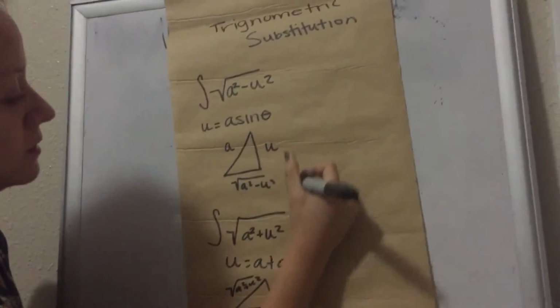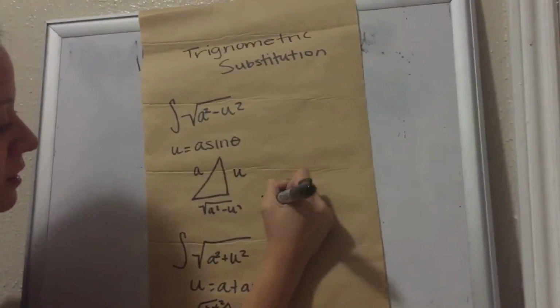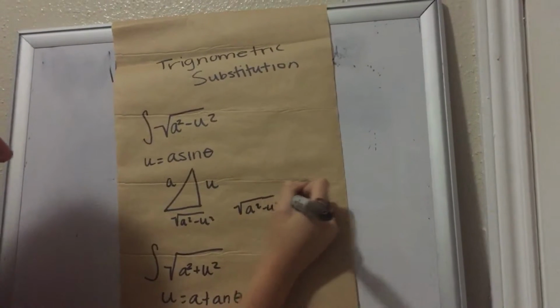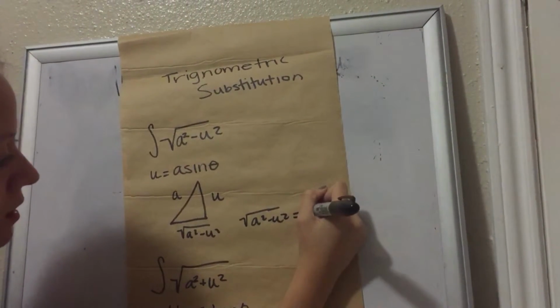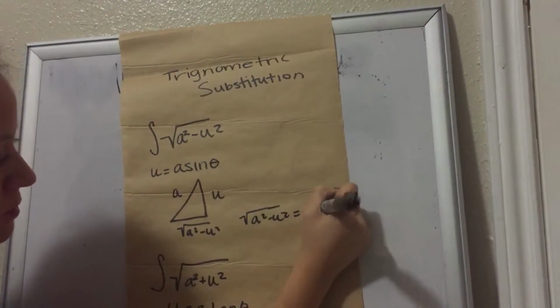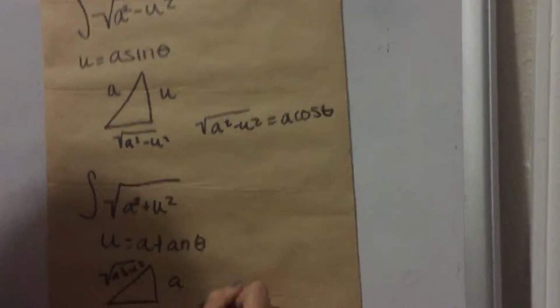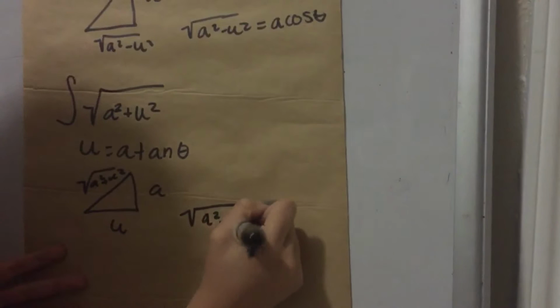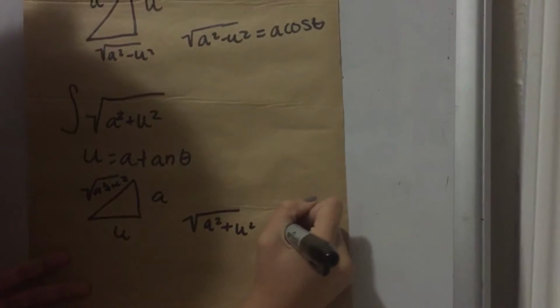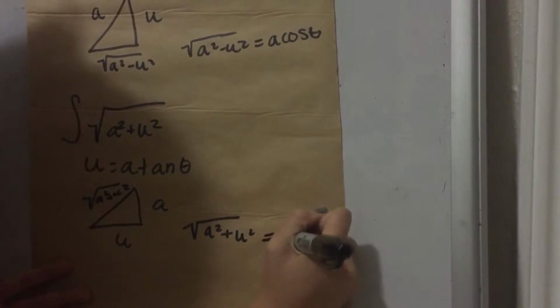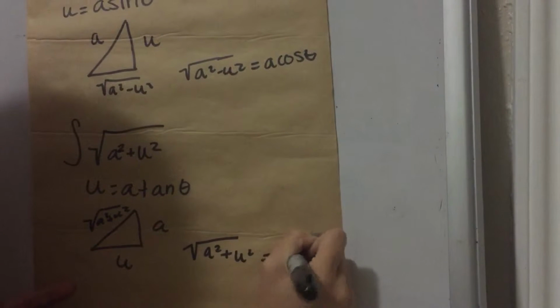Also, up here, it's good to know that the square root of a squared minus u squared is equal to a cosine of theta. And here, the square root of a squared plus u squared is equal to a secant theta.